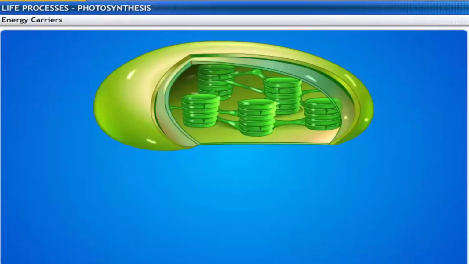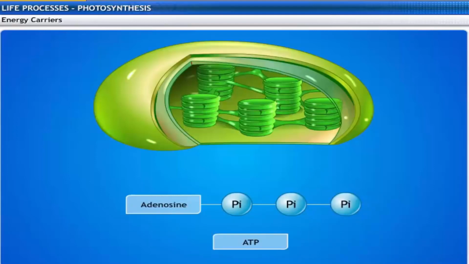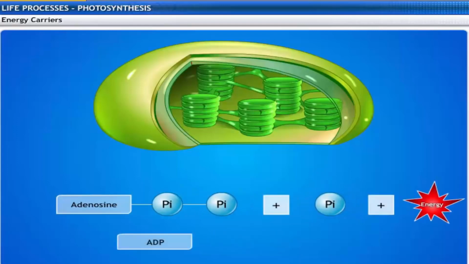The energy carriers involved in photosynthesis are: ATP, adenosine triphosphate, acts as an energy carrier. The third phosphate group in ATP breaks up, releasing ADP, phosphate, and energy.